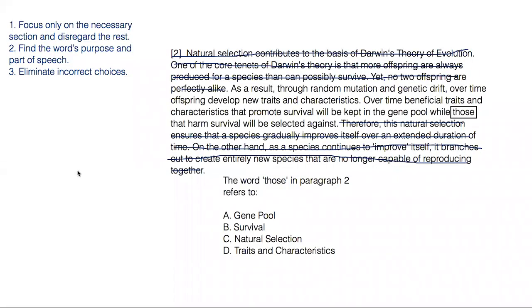Once you've gotten to this stage, you may be able to already answer the question, but you can definitely start to eliminate some of the incorrect answers. So what we would do is, knowing that those is a plural pronoun, we can now eliminate any answer choices that are not plural. Now, the great part about this question specifically is that, what do you notice?